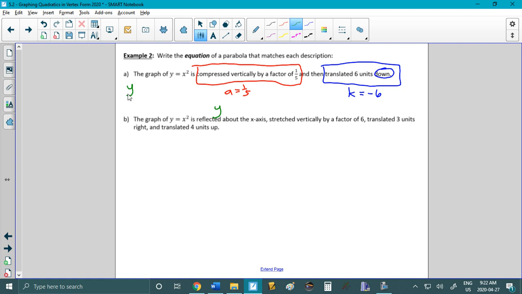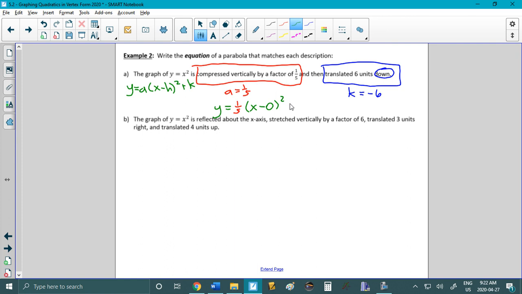So our equation is going to look like this. Remember, the default is y equals a(x minus h) squared plus k. We can see a is 1 over 5. So y equals 1 over 5, and then in brackets, x minus h is going to be x minus, I don't see any mention of a horizontal shift or moving left or right, so I guess it's 0.